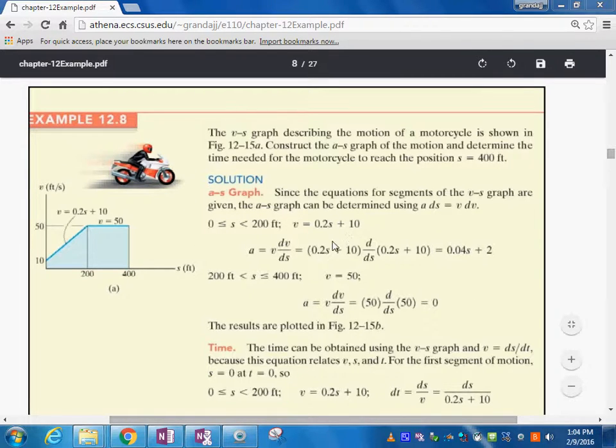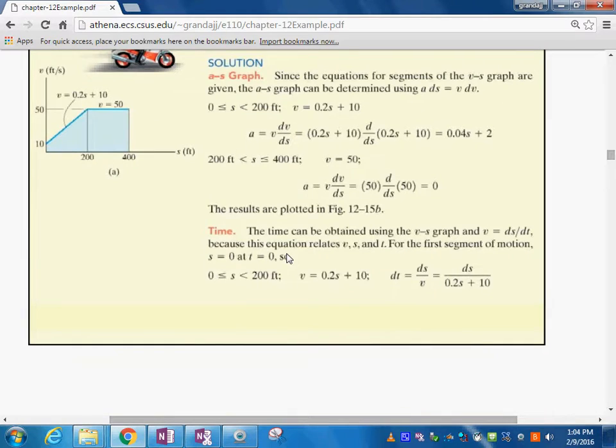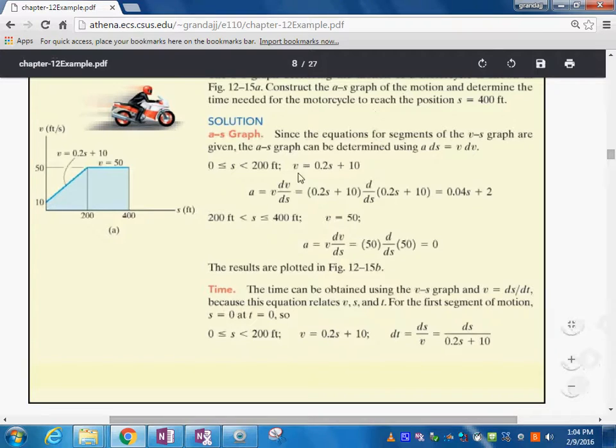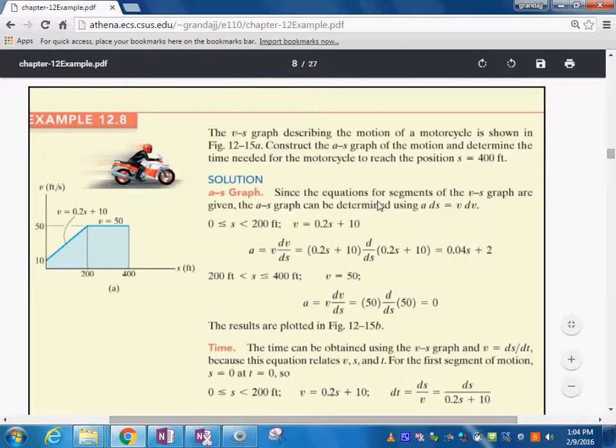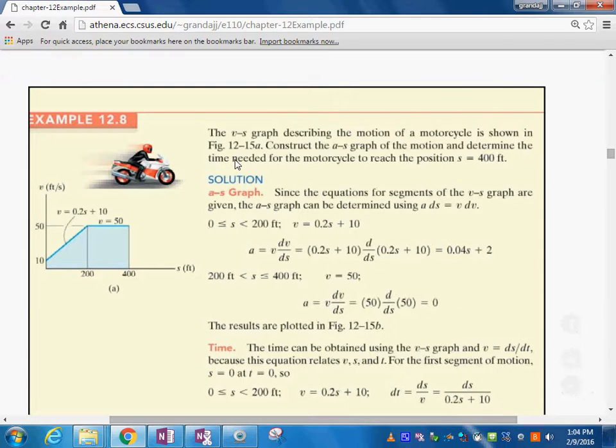Okay, so if you have this graph that you have measured, or you know it's like this, it accelerates and then it goes at a constant velocity level here for 200 seconds.